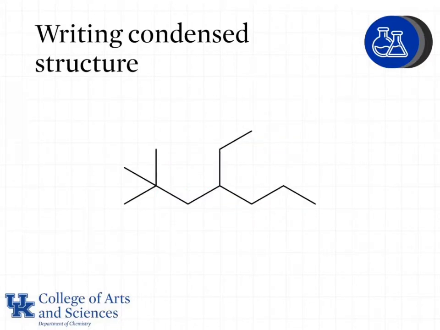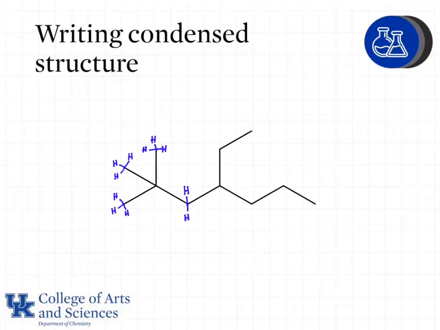Let's look at an example where we start with just the skeletal structure. First, we're going to add our hydrogen atoms to all of our carbons. We see that these three carbons all have one other bond, so they're each going to have three hydrogens. The next carbon, which we see here, already has four bonds to other carbon atoms, so we're not going to add any hydrogens there.